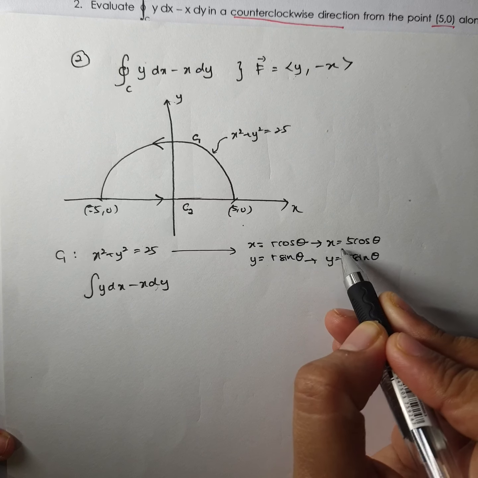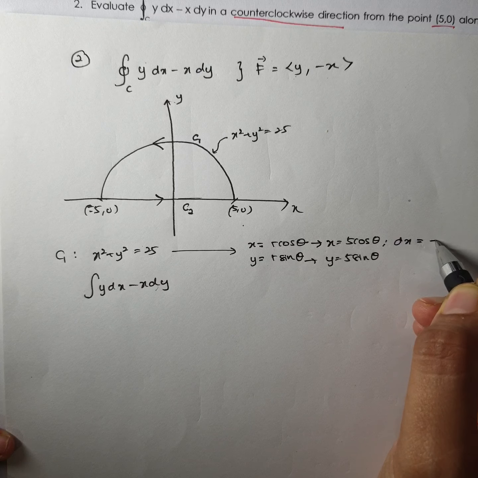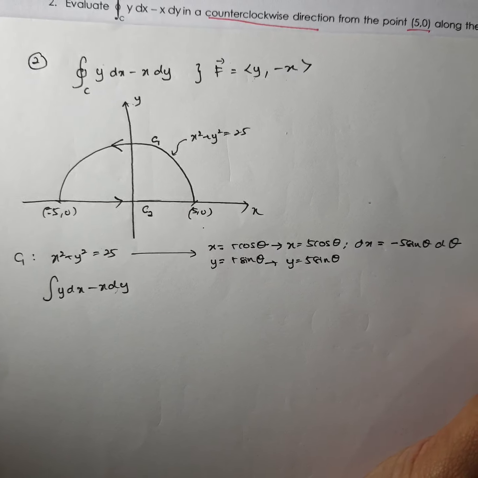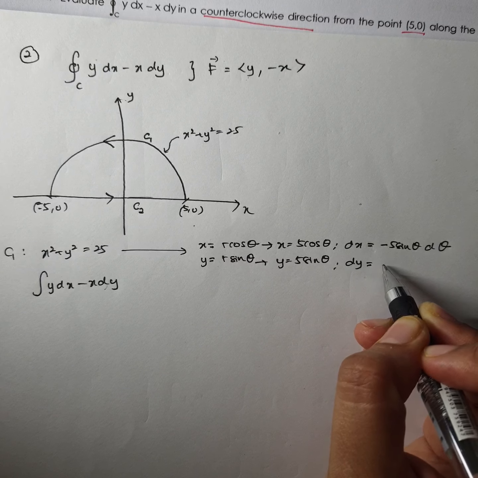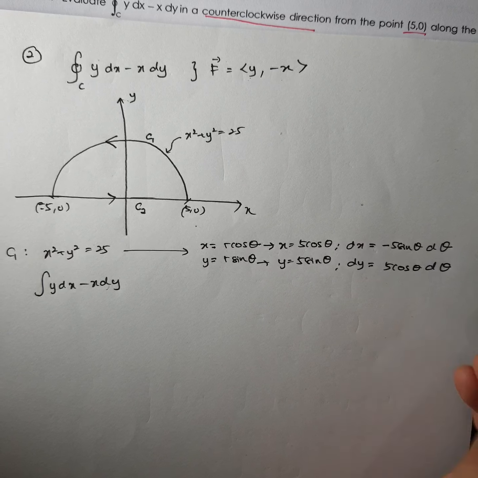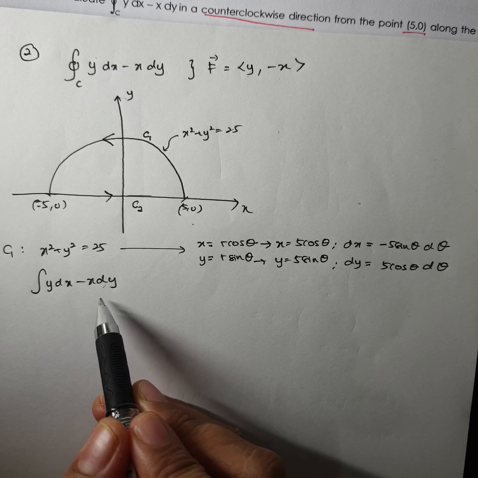Alright. So when x is 5 cos theta, your dx is negative 5 sin theta d theta. Alright, and your dy is 5 cos theta d theta. Okay, substitute all of these into our line integral.